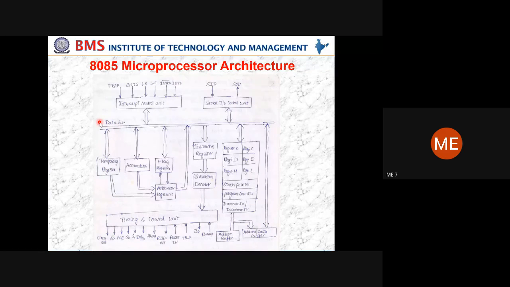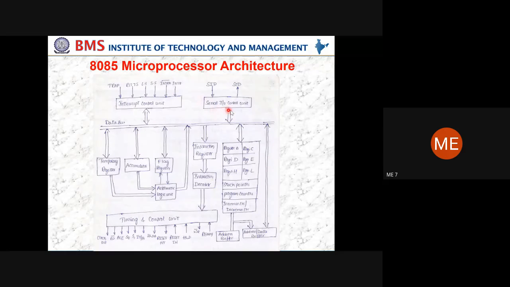Therefore, the data bus is what? Is it unidirectional or bidirectional? Bidirectional, simple. Data bus is bidirectional. Any data can be fed to the data bus and anything I can take out from the data bus. Now to start with, these are all the entities which are going to be present. Now interrupt control unit.